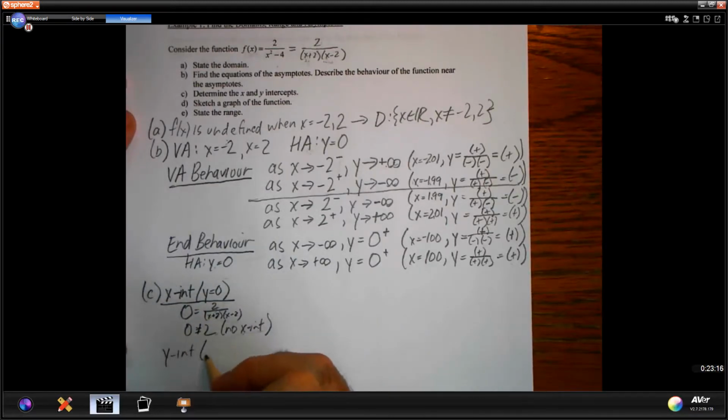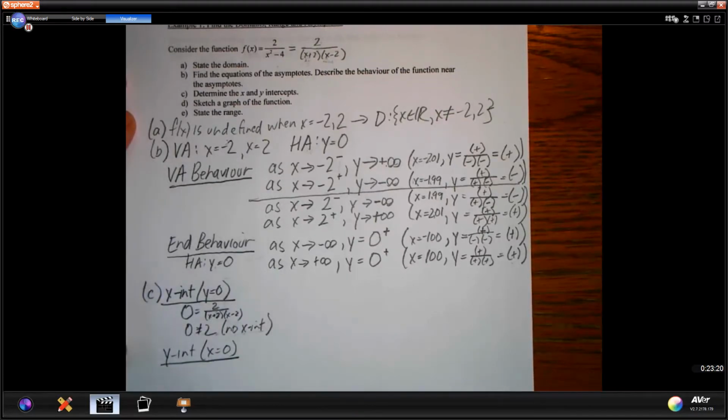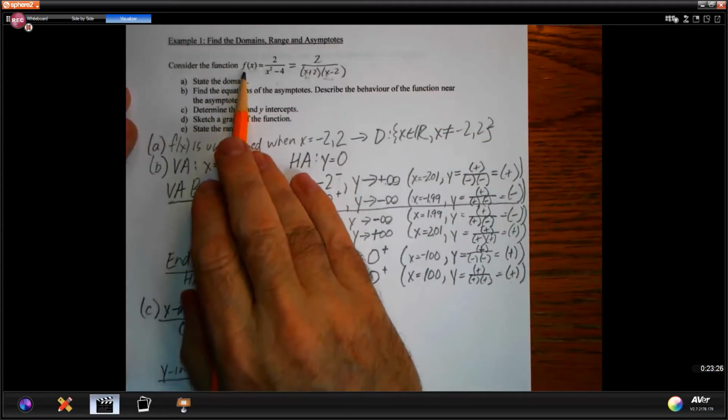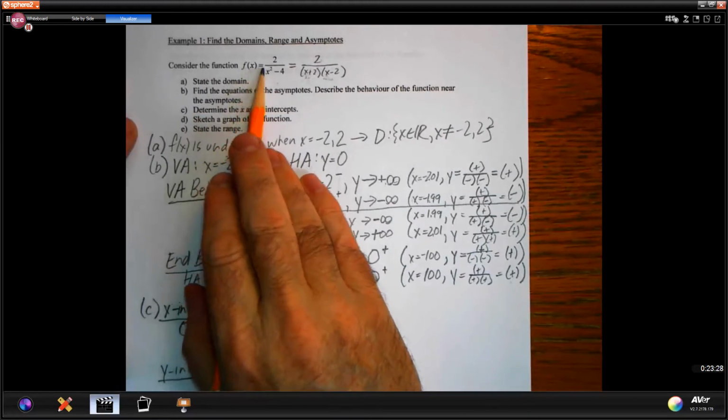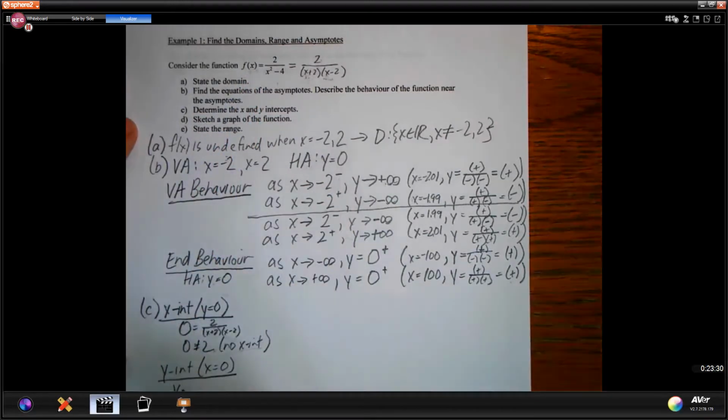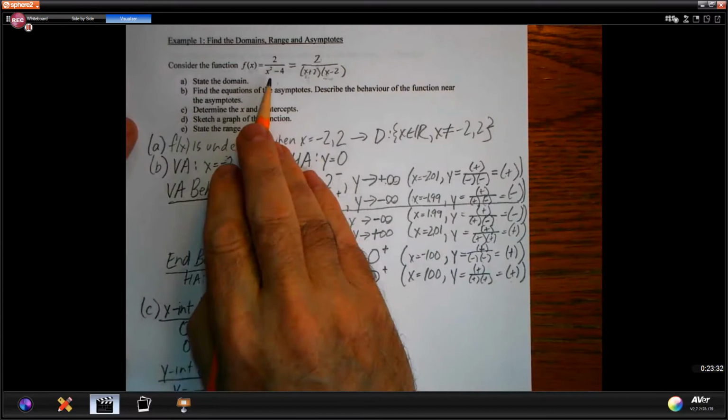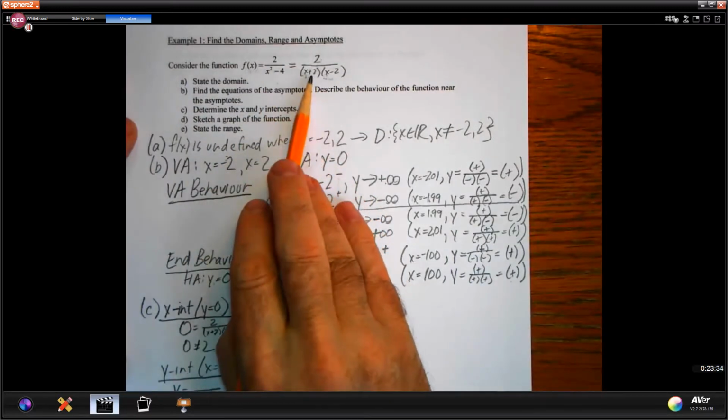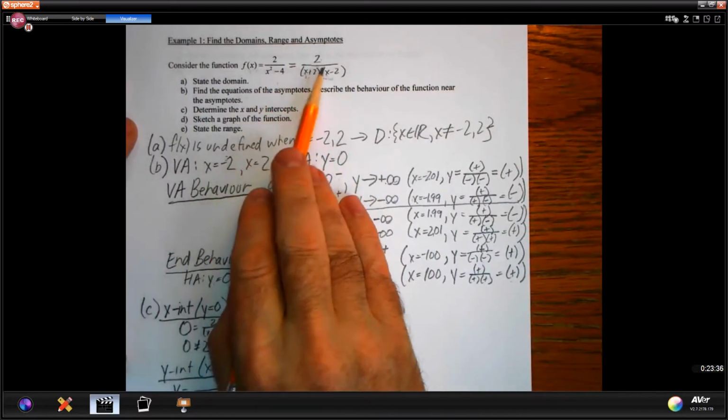So the y-intercept is where x equals 0, and this one usually works. Not all the time, but most of the time. So this time I'm trying to calculate what y is, which is your f of x. So y is equal to, and then we plug in. We could use either form here.